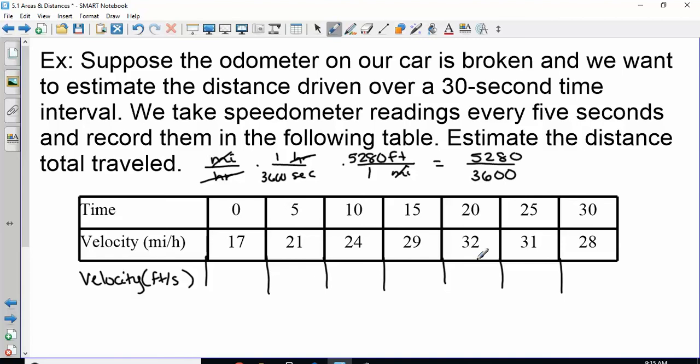So you'll take the velocity I gave you, so 17, times 5280 divided by 3,600, and that will convert it into the unit we need. Let's just round to the nearest whole number for the sake of simplicity. So this one would come out to be 25.